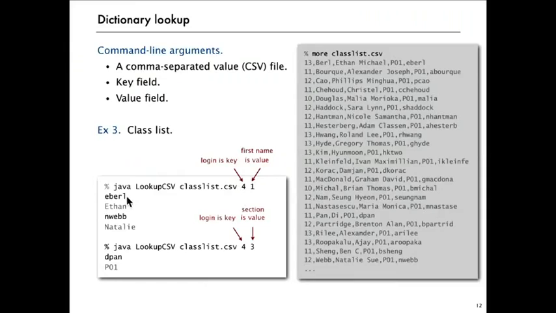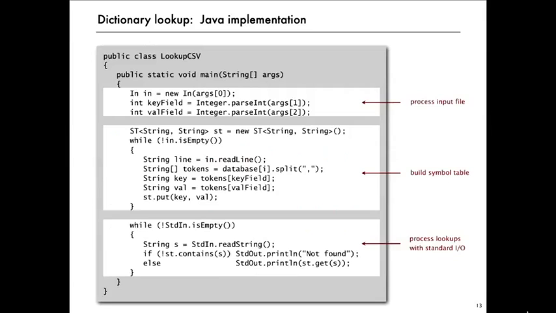So we type in somebody's login name, we get their first name. And again, with the same client, login as key and get the section as a value. So all kinds of information processing that we might need to do for large amounts of data represented in comma-separated value files, this one client, which is based on a symbol table, will provide useful functionality.